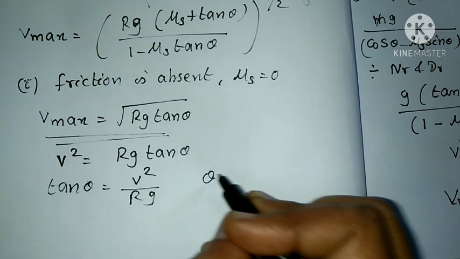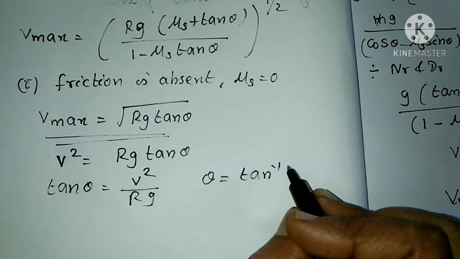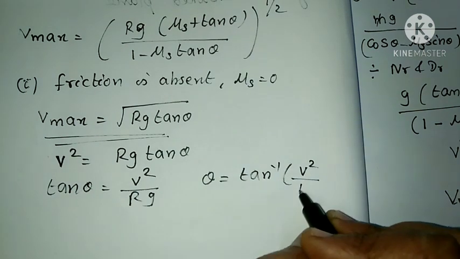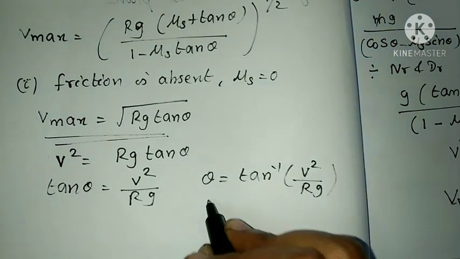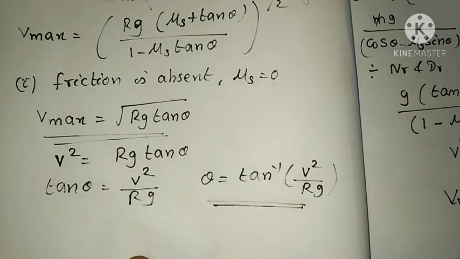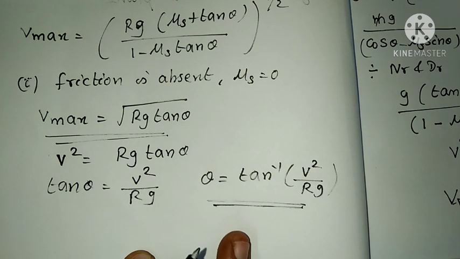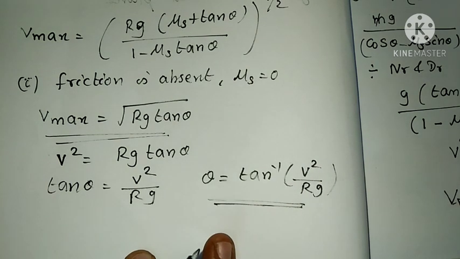Therefore the angle of banking theta equal to tan inverse of v square by rg. So this is the angle of banking when friction is absent. At this angle there is minimum wear and tear of the tires. Clear?